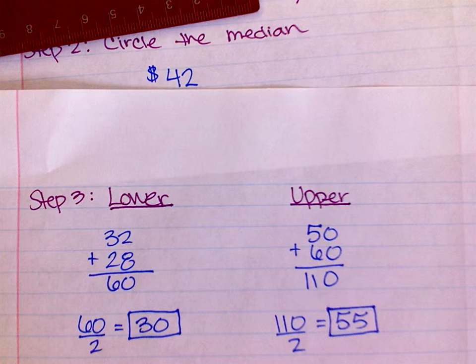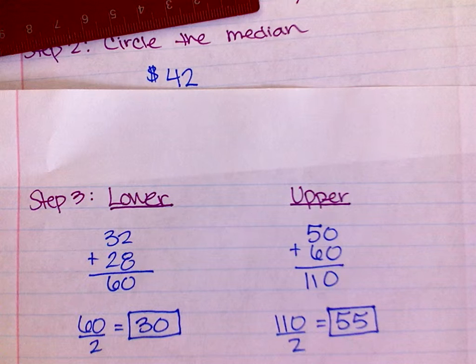This is my lower half, this is my upper numbers. So I need to find the median of these 4 numbers. Bam. 4 and 6. So that'd be 6 plus 4, which is 10. 10 divided by 2 is 5. And then 14. So I found the median of the lower half. Now I need to find the median of the upper half.